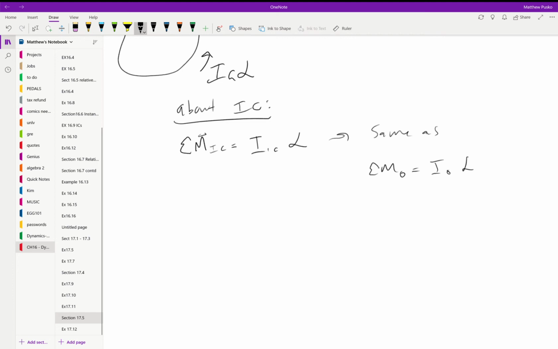And so let's look at this is the case where we would have a wheel rolling without slipping. So it has some motion, some mass center. We'll call this A as our instantaneous center. G is going to have an acceleration in the x direction.